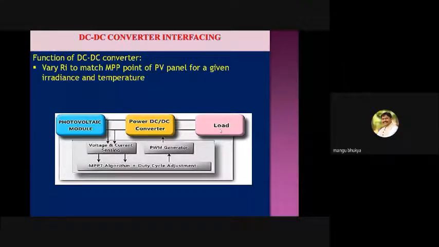In 1 or 2 years, battery swapping technology will definitely come, replacing the exhausted, empty battery with a fully charged battery.